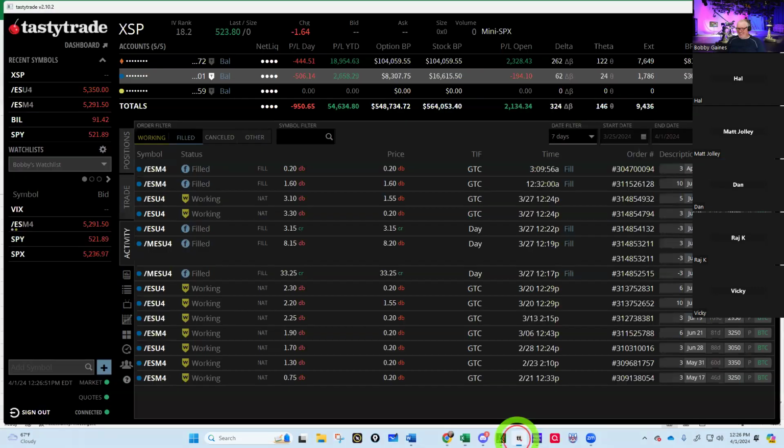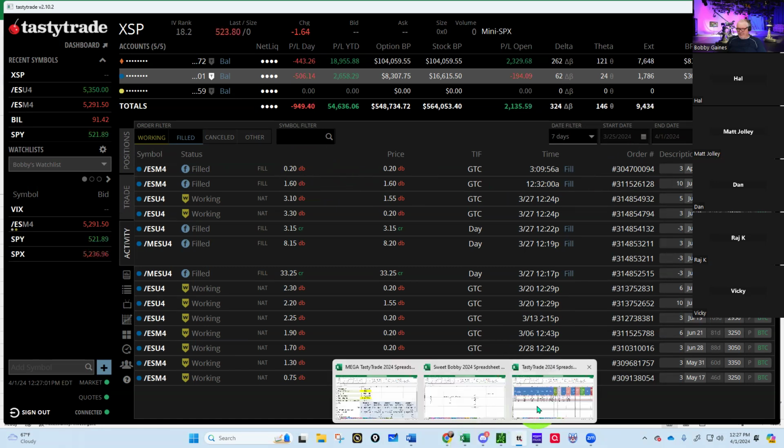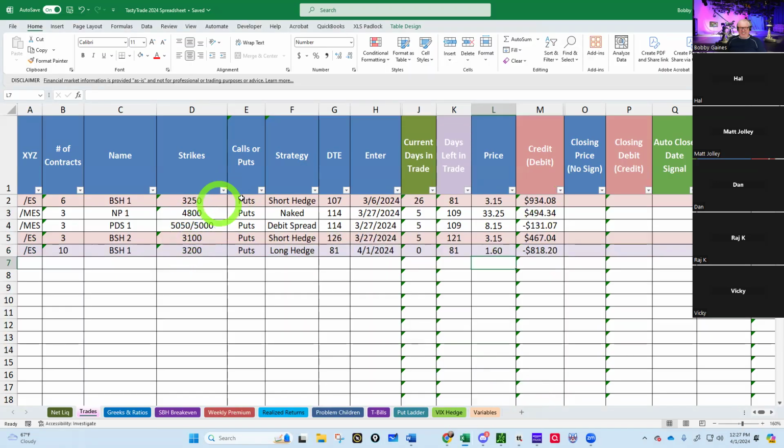So let's go back to Tasty. So we bought 10. So what else did we do? We harvested the 3450s. Now, I don't think those are in my spreadsheet, so I won't put those in there. They're not in there, so I don't need to put that order in. So we harvested 3 and we bought 10.